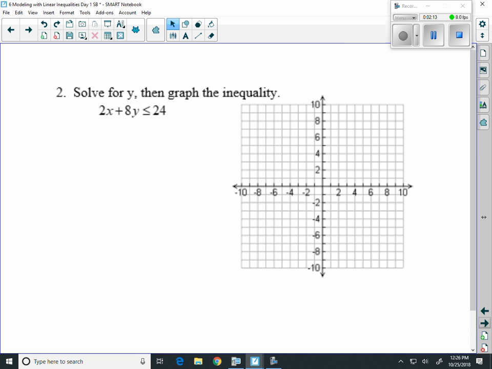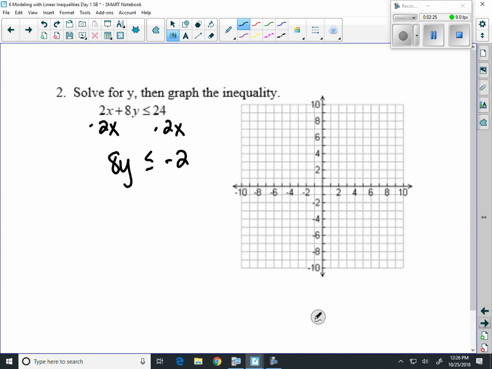All right, before we do that, we have to solve for y here. What's my first step in solving for y? Yeah, move that 2x over. So I have 8y less than or equal to negative 2x plus 24. Next step, divide everything by 8.